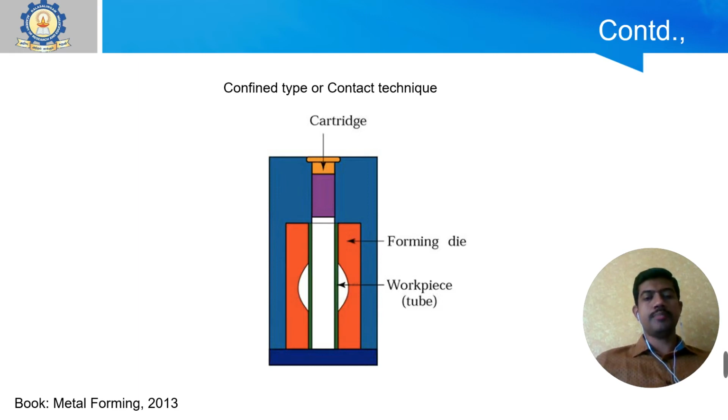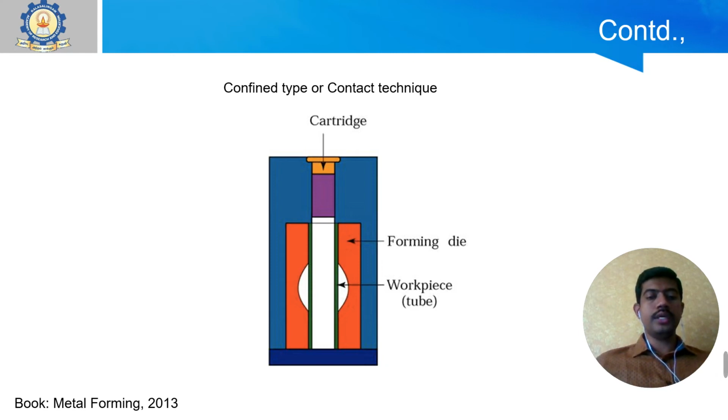Here the process is the same, but we are going to detonate the TNT or your explosive inside the work. You can see that it is a confined space where you have a cartridge above. Inside this cartridge, between your work, we place your explosive, and surrounding that we have your forming die.